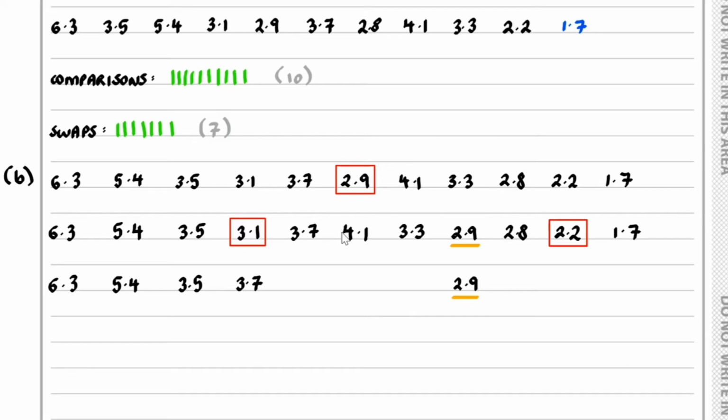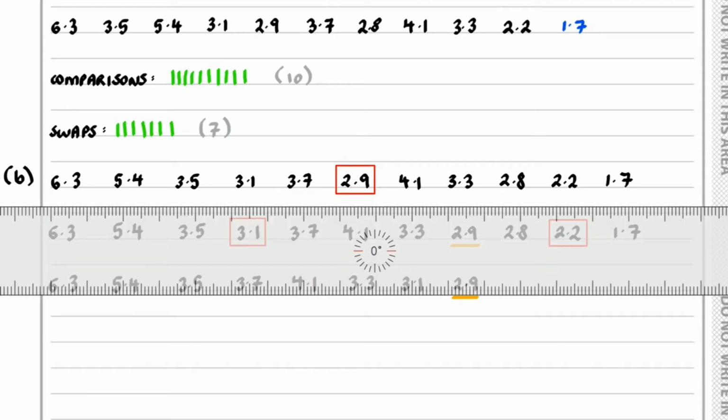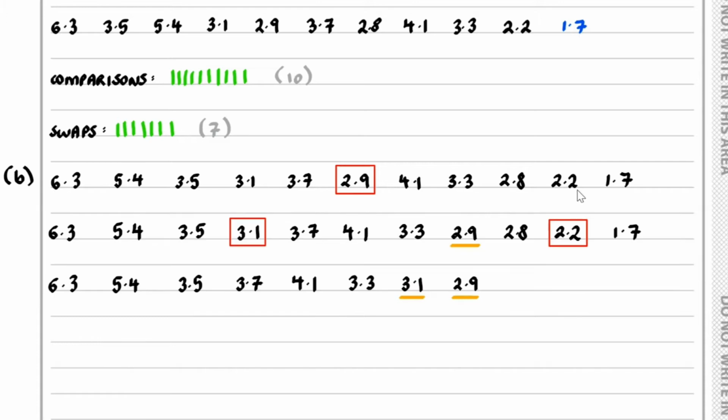4.1 is larger than 3.1, so 4.1 goes here. 3.3 is larger than 3.1, so the 3.3 would go here, and then we have the 3.1. We need to underline it, indicating we've used it as a pivot. What about this sublist?